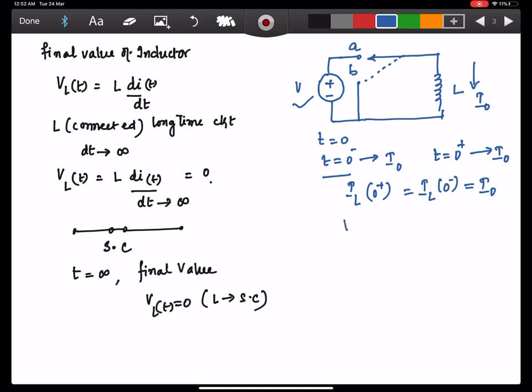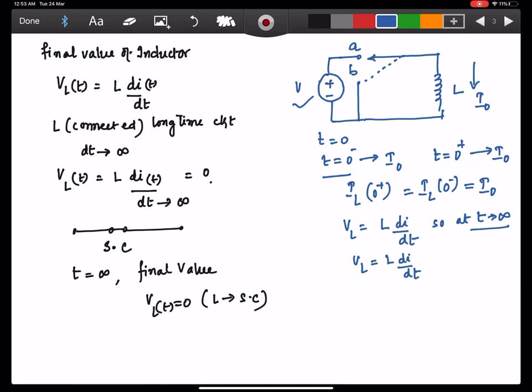We know that VL is equal to L dI by dt. Once transients get over, there will be no change in the current. So at t is equal to infinity, VL is equal to L di by dt.